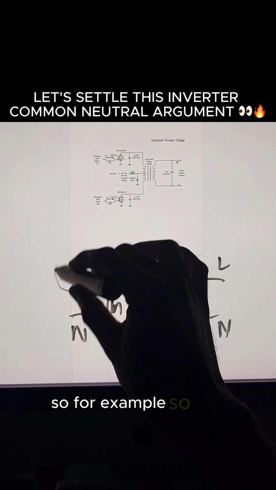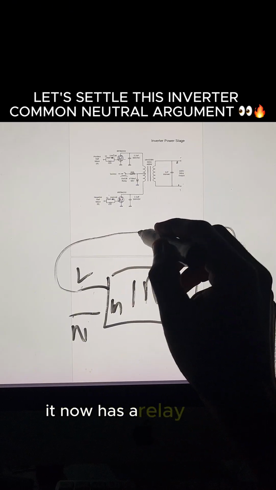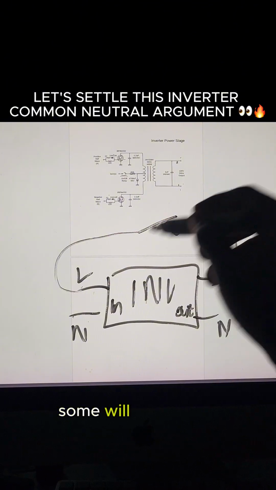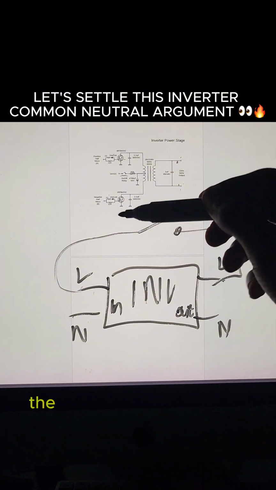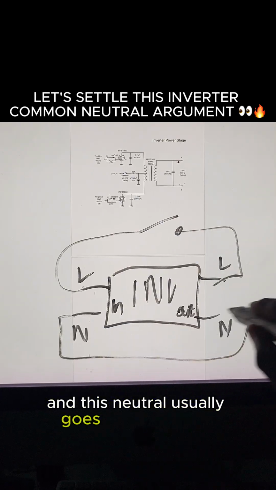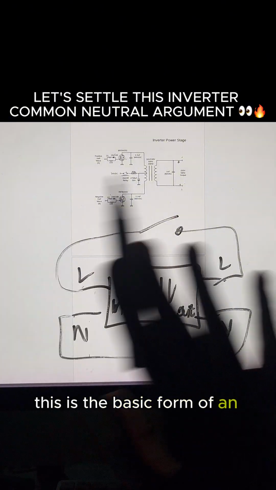So for example, this doesn't go to this directly. It now has a relay inside. Depending on the size of your inverter, some will have a contactor, some will use a relay. So when the inverter needs to charge, it switches it accordingly the way it needs to work or function. And this neutral usually goes together. For most inverter cases, this is the basic form of an inverter system.